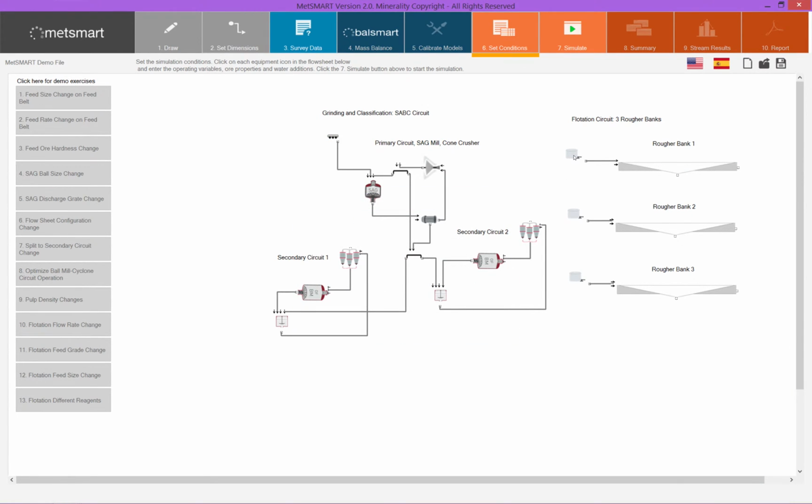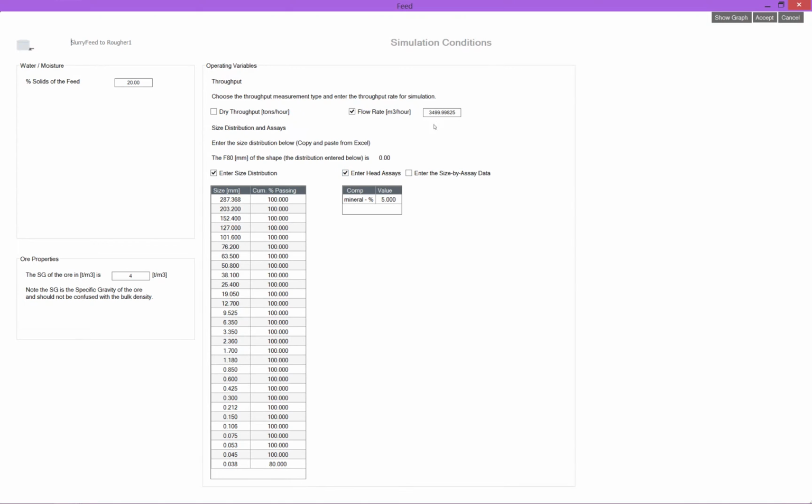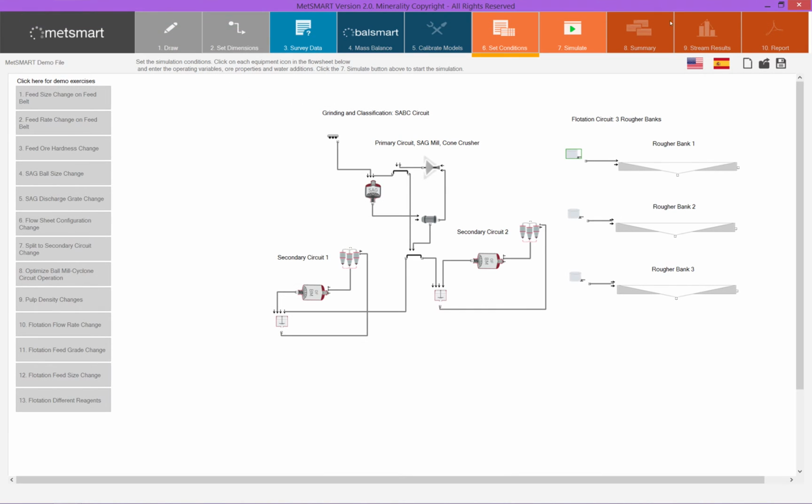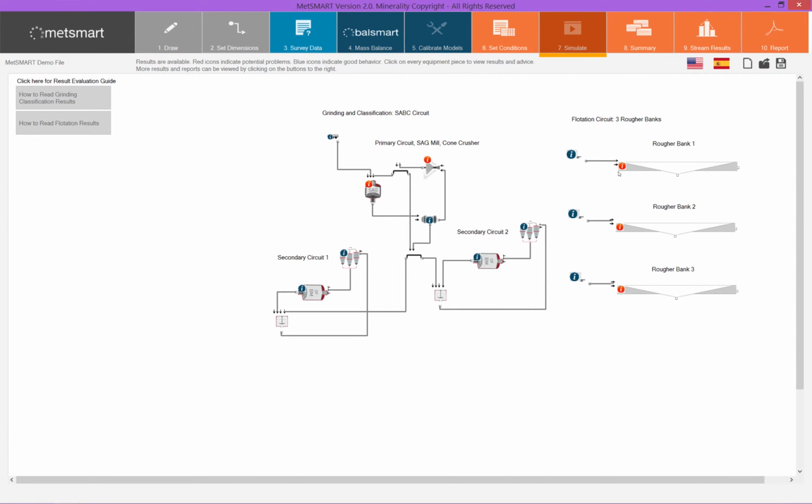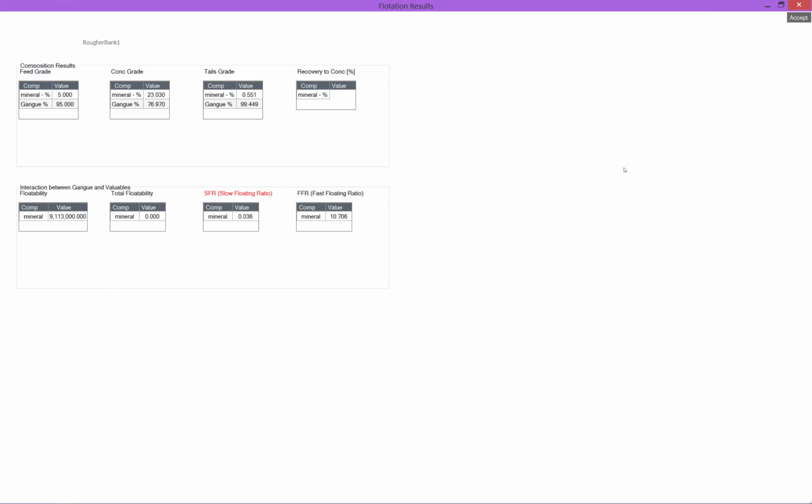Now, when I do the simulation and I make a change, the flow rate will be reduced to 2,800. Okay. After doing a simulation, I still have the same red icon, which means I have a problem with my slow floating ratio.